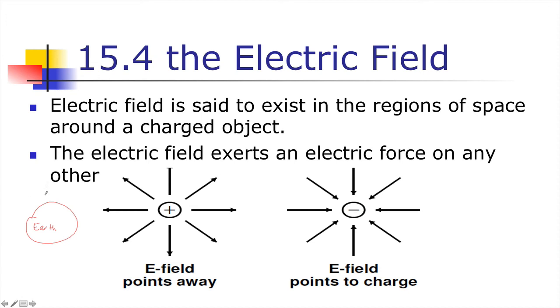As long as you are close to Earth, what will happen? The Earth pulls you down by g, which is approximately 9.8 meters per second squared.